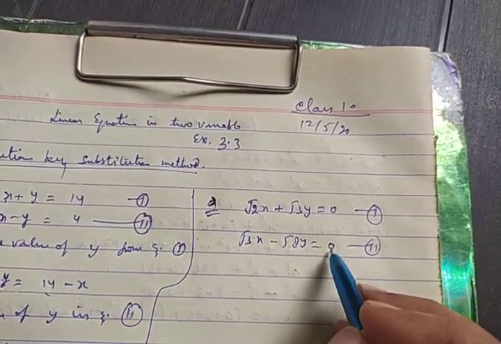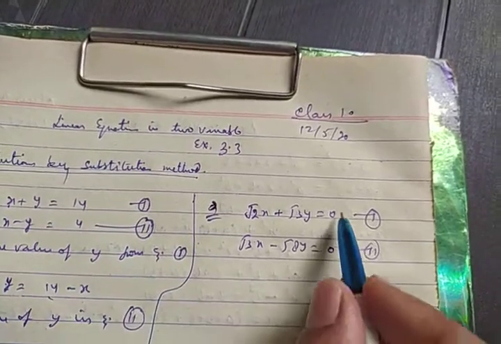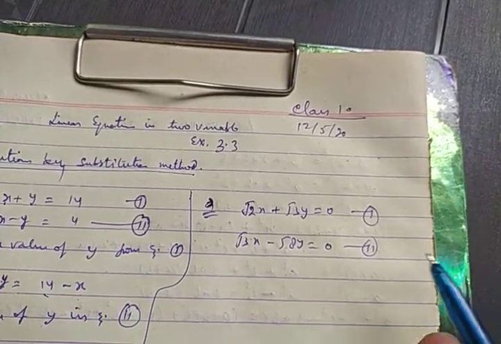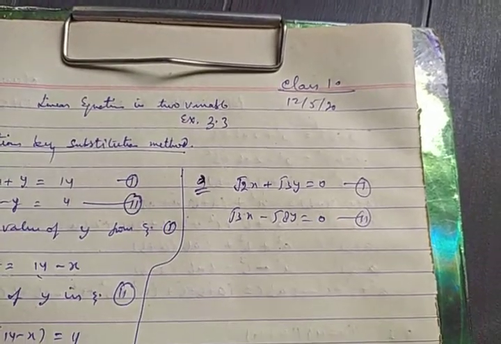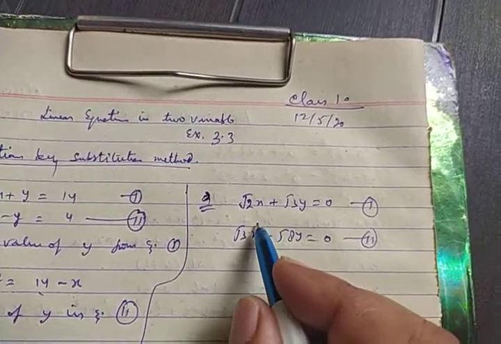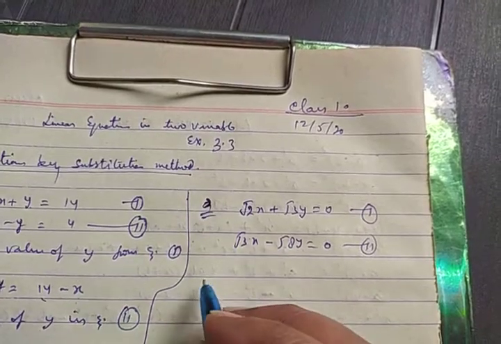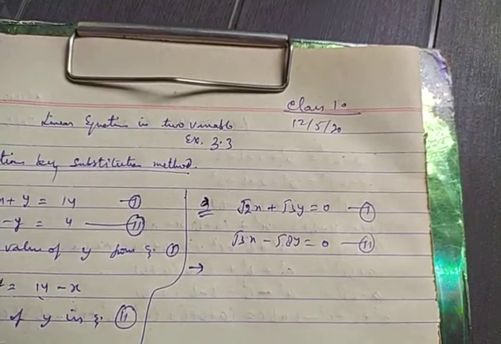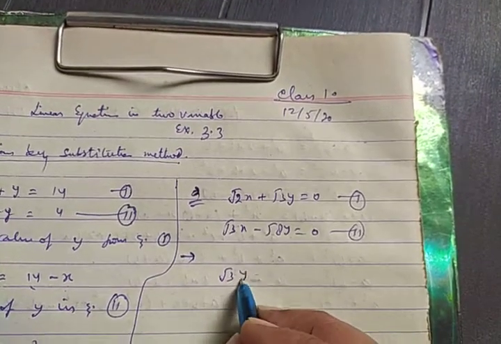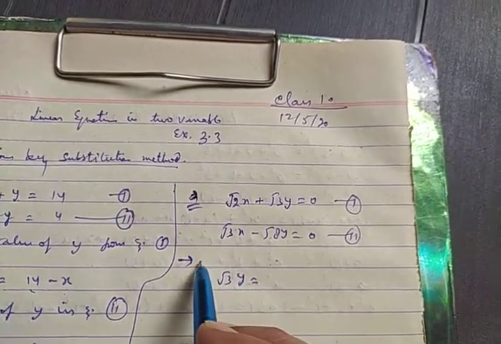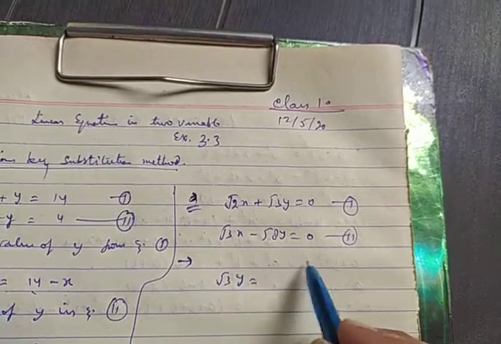Here both values are equal to zero. It doesn't matter, the equation looks somewhat different, but it makes no difference. Now simplify in the same way. Step 1: solve this for y. I am not writing the steps, you will have to mention them in each question.